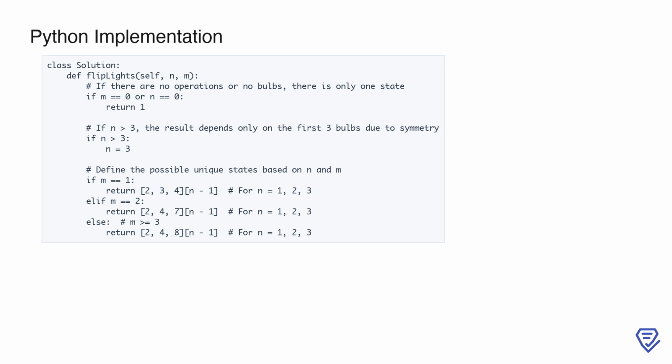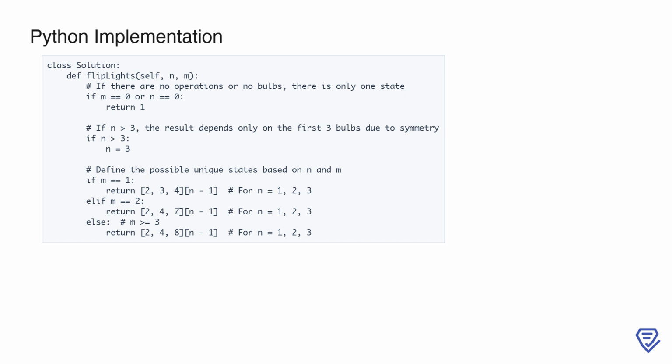If m equals 3, the maximum number of configurations is reached. With 3 bulbs, there are 8 unique states. 4. Return results. The solution uses pre-computed results for all combinations of n and m values within the constraints, ensuring optimal performance. This implementation is concise and leverages symmetry and pre-computed values for efficiency, making it highly suitable for competitive programming scenarios.